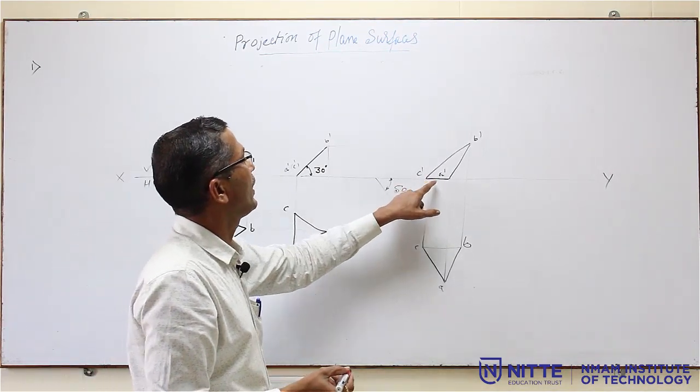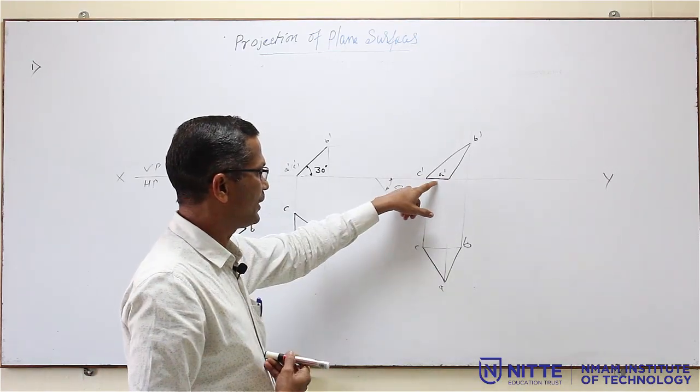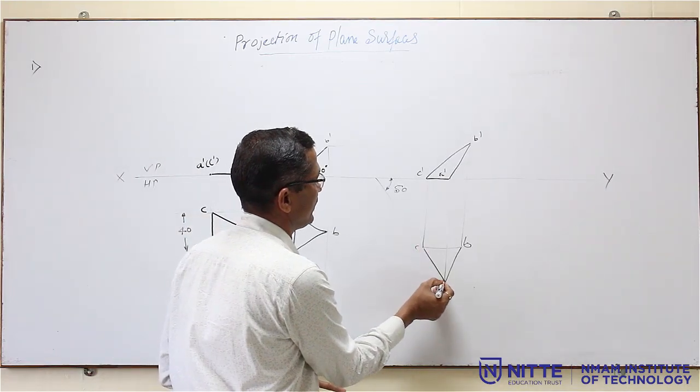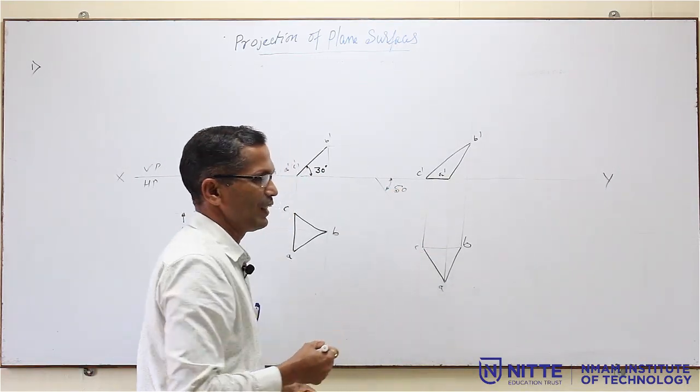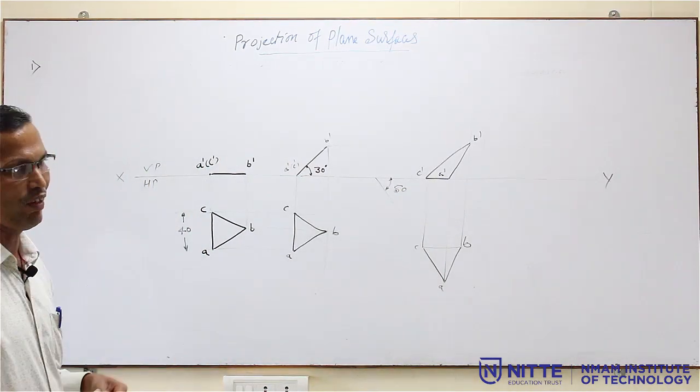AC is on the XY line, that means it is resting on one of the edges on HP, and the edge on which it is resting, AC, is inclined at an angle of 50 degrees. So all the conditions are satisfied. This is the solution for the first problem.